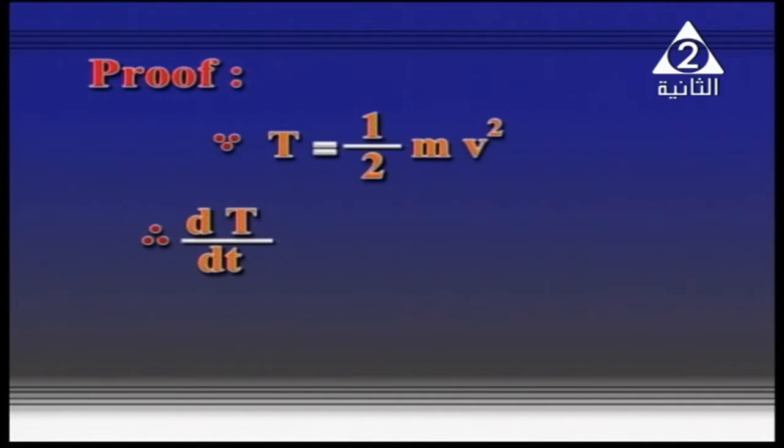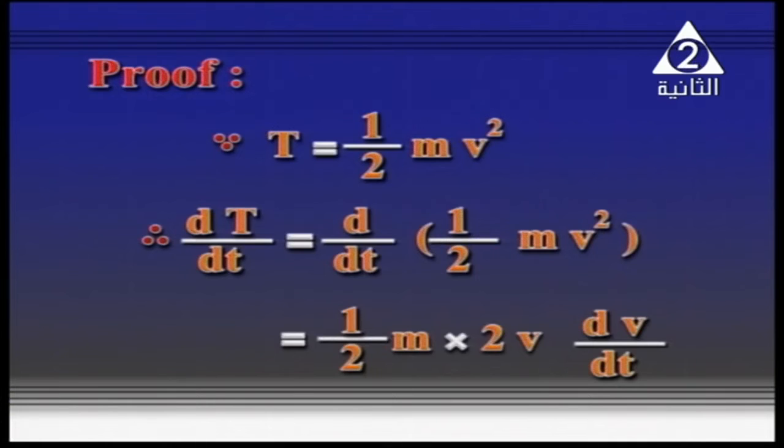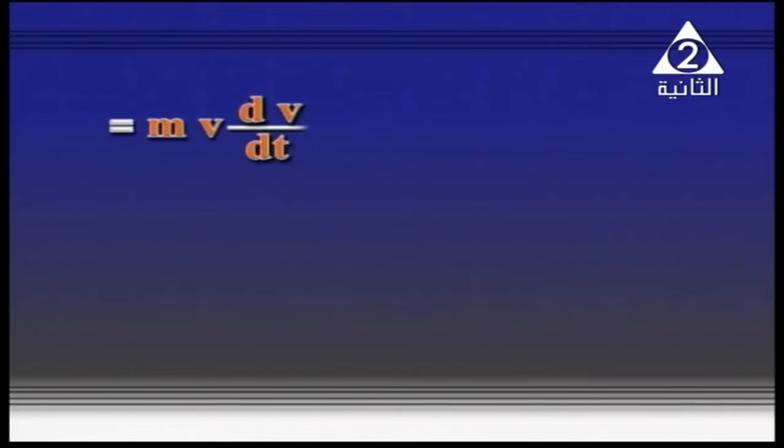My dear student, T equals kinetic energy, half mv squared. Then the derivative with respect to time t equals d over dt of half mv squared. You know that m is constant. Then the differentiation of kinetic energy equals half m times 2v dv over dt, which is mv dv over dt, equals mva.